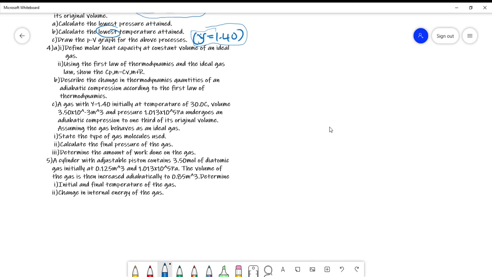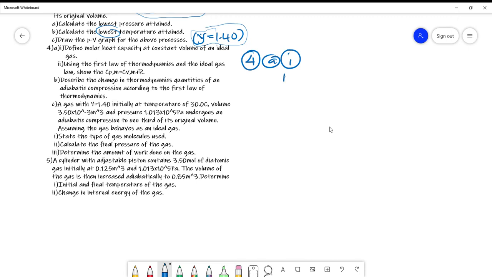Okay, so we have done question number 3. Let's just move on to question number 4. This is A and this is part 1. Define the molar heat capacity at constant volume of an ideal gas.